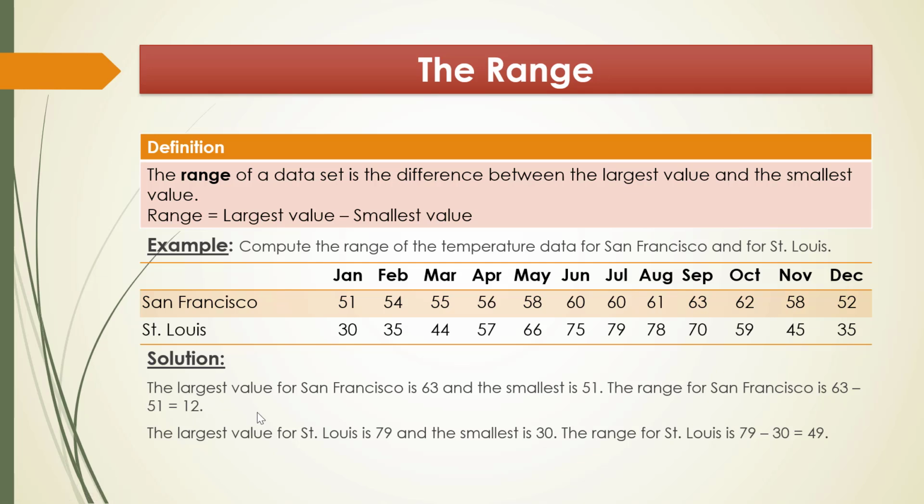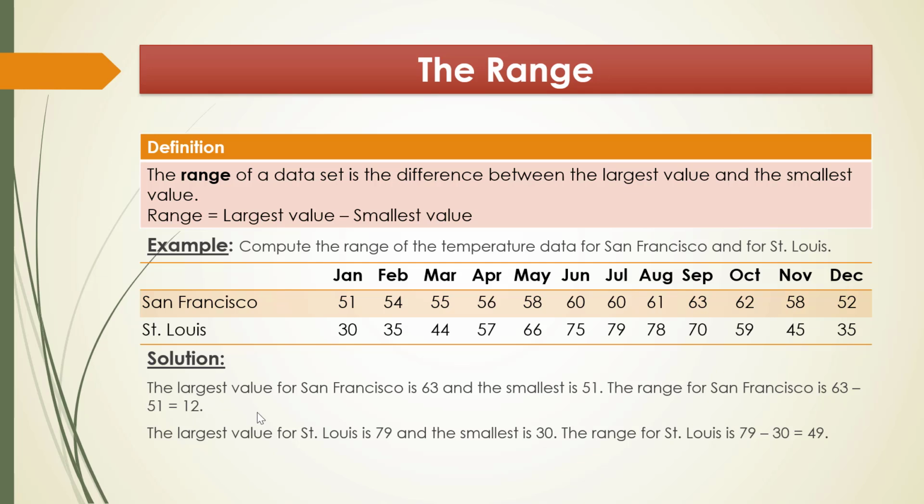The advantage of using the range to measure how the data set spreads around the center is that the range is very easy to compute: basically take the largest value and subtract the smallest value. However, there is a disadvantage. The range takes into account only two values, the smallest and the largest.